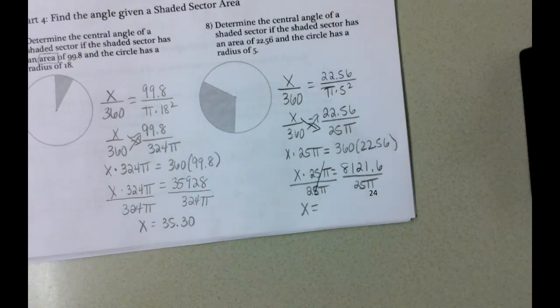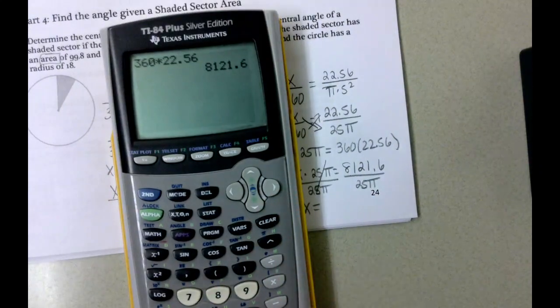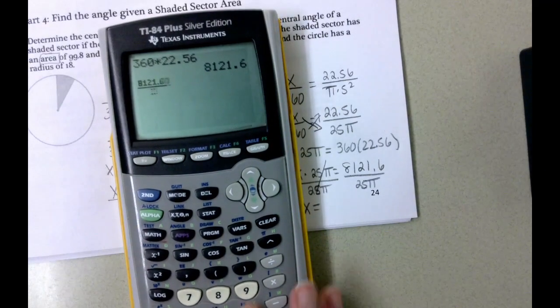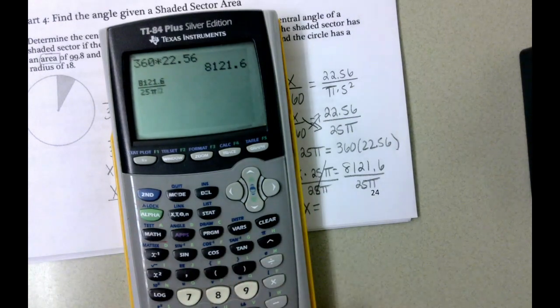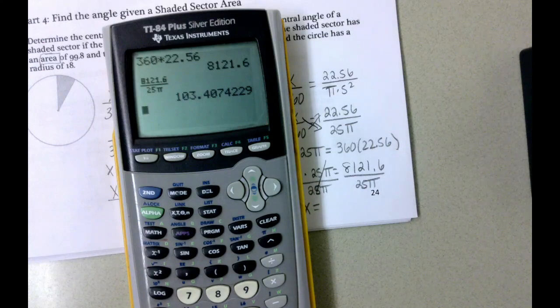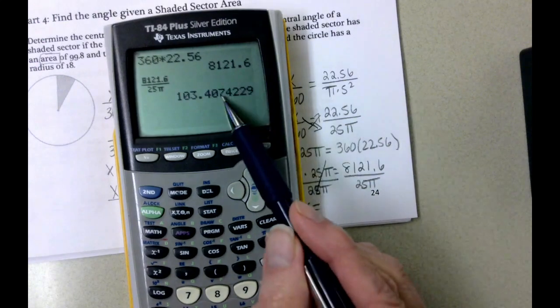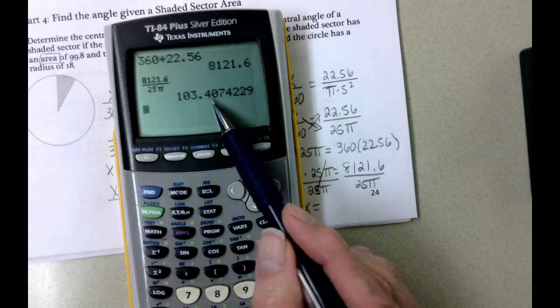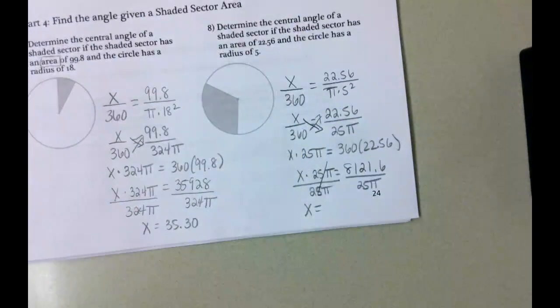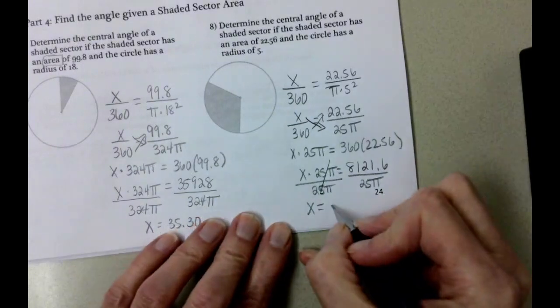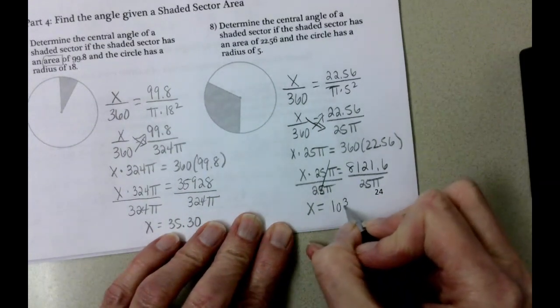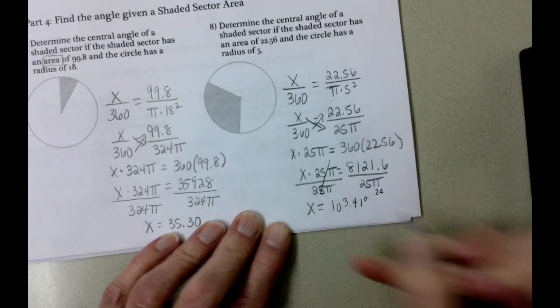In Desmos, it would end up looking like this: 8121.6 divided by 25 pi. Then we get 103.407. Looking at the 7, which is 5 or higher, that's going to round the 0 to a 1. 103.41 is our angle measure. So I should write degrees on that.